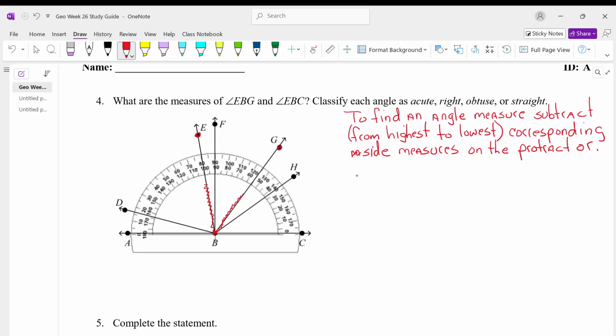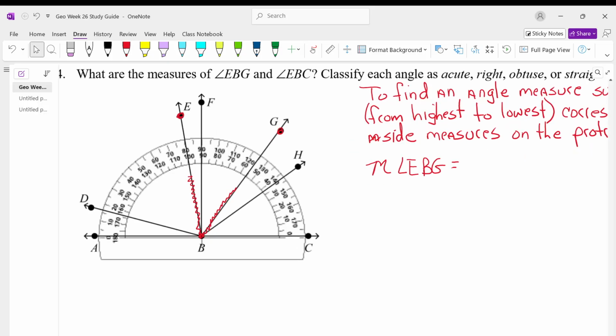So if we're trying to find the measure of angle EBG, do you see this side EB over here? Side EB. Where does it hit the protractor?